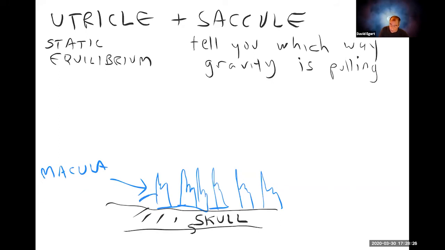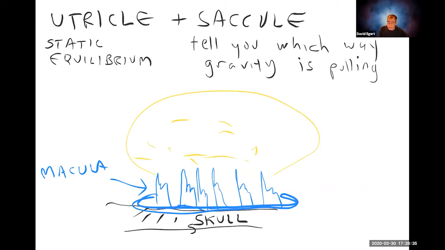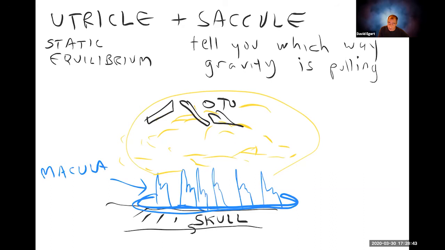Macula just means spot, so it's like a little lawn of hair cells. Sitting on top of the hair cells is a big gelatinous thing filled with calcium carbonate crystals called otoliths. Oto means ear, liths means rock, so basically ear rocks. These are little calcium carbonate crystals.